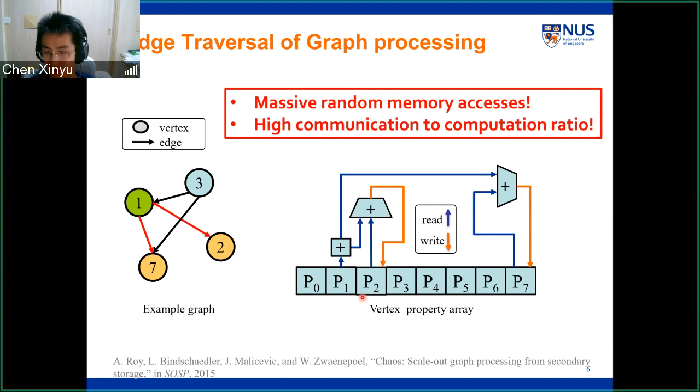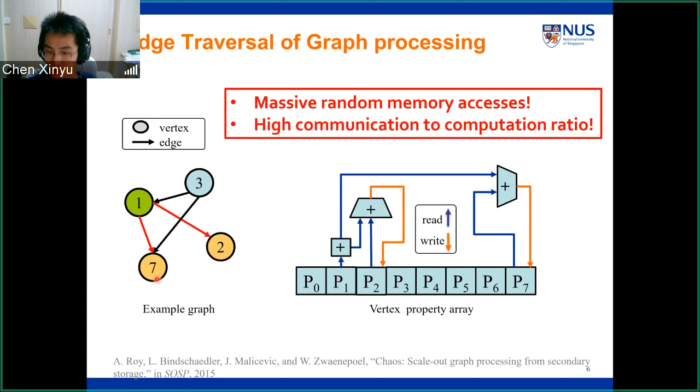Firstly, we have random memory accesses, because the neighbors of one vertex can be very far away from each other. So the access to this vertex property array can be truly random. In this example, they are very close because this graph is very small.